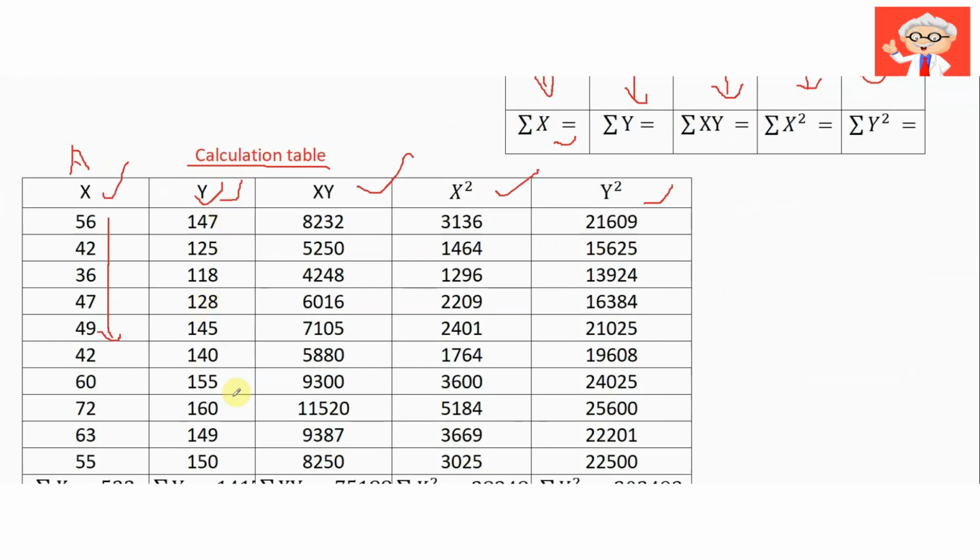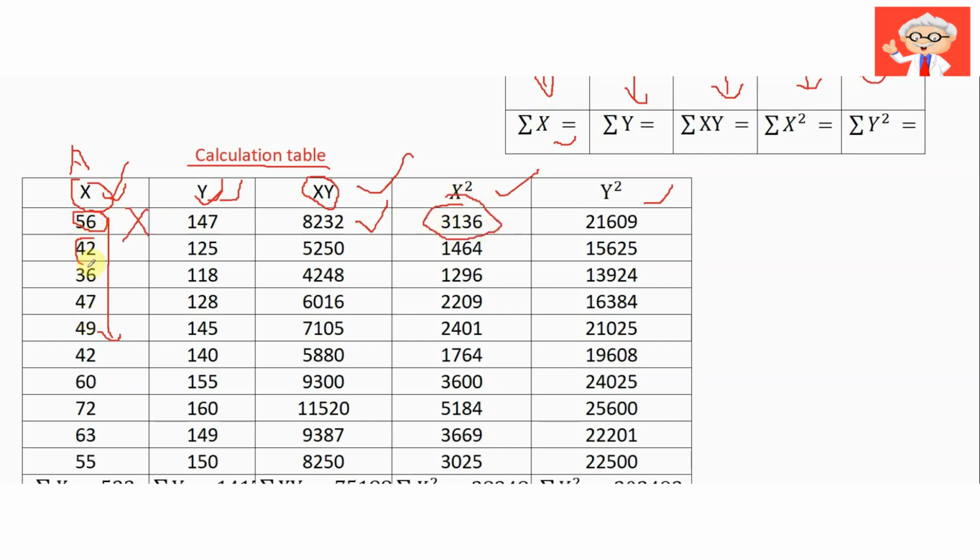xy can be calculated by multiplying the values of x and y. When you multiply 56 into 147, we get 8232. Similarly, when you square the x value 56, we get 3136.